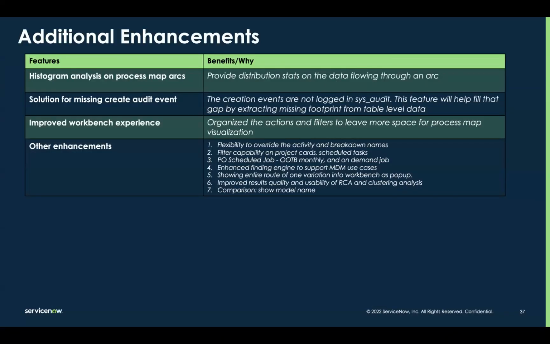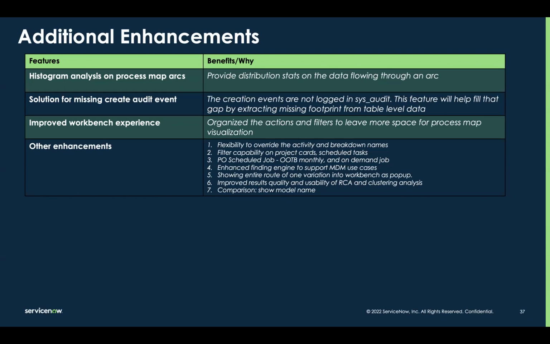We've made a number of other enhancements to the user interface, some that I've already shown you, just to create a better overall experience when you start doing your discovery inside of the maps themselves. One important one that I'll show you, and the team is pretty proud of, is that we added a histogram on the process map arcs.